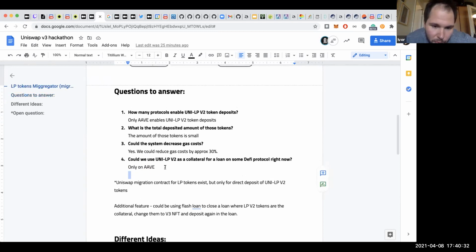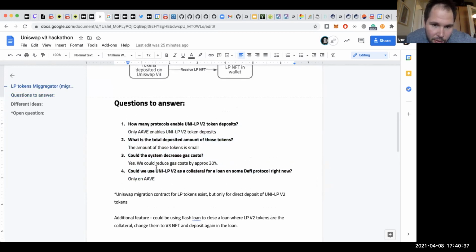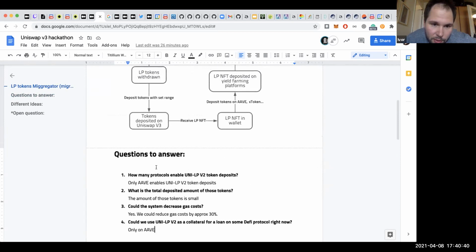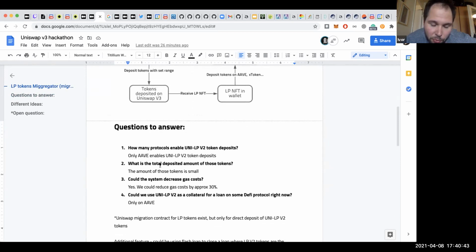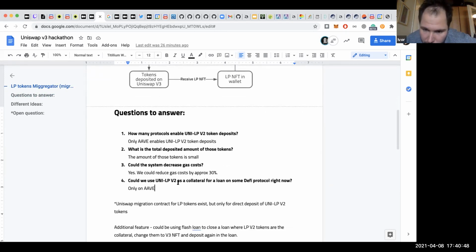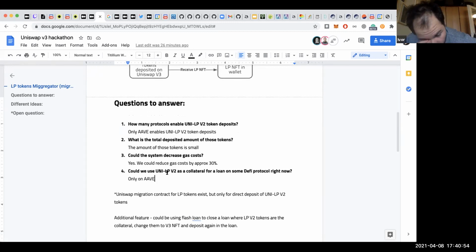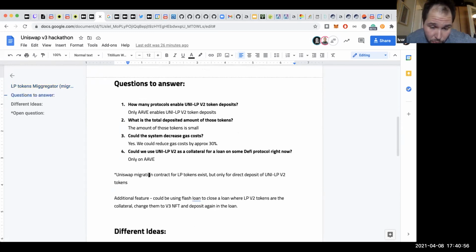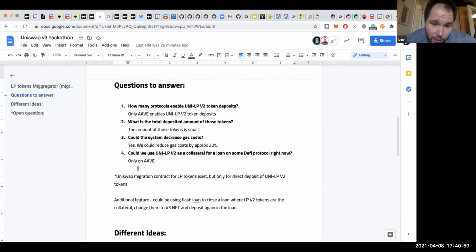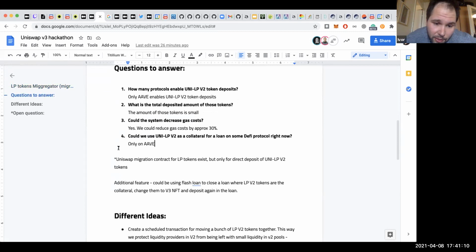So answering all those questions brings us to the conclusion that the volume of those tokens sitting in smart contracts, if you look at the number of platforms and the token pairs for which this option is enabled, is not a large amount of liquidity. So we decided this is not a good solution, and we decided to try to figure out some different ideas.